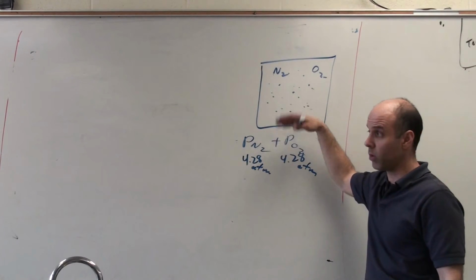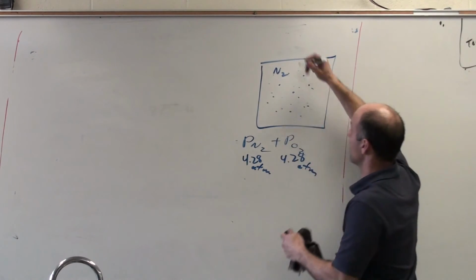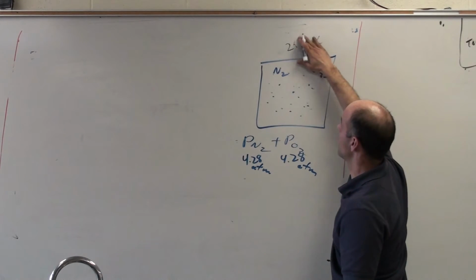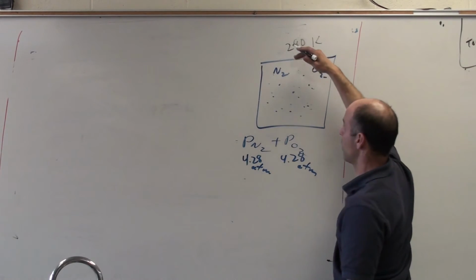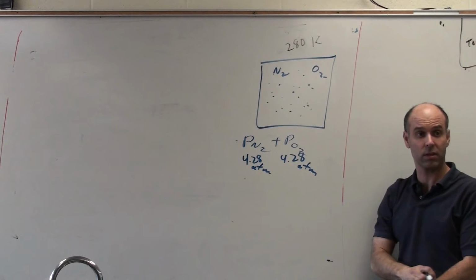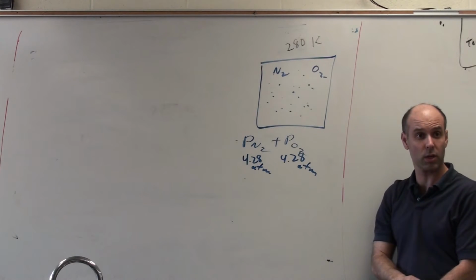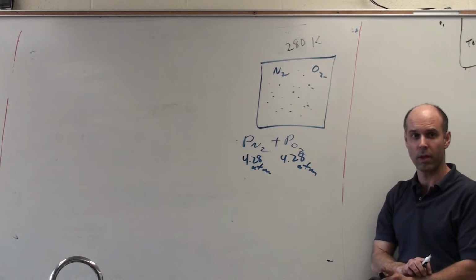They have the same number of moles. This is at 298. If I decrease the temperature, will that affect the amount of nitrogen and oxygen in there? No. So the ratio will still stay the same.